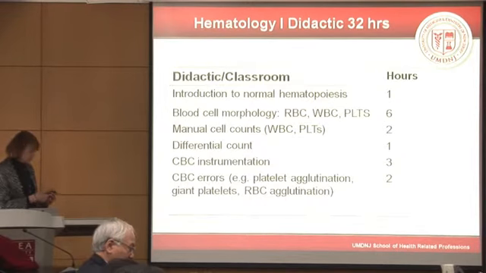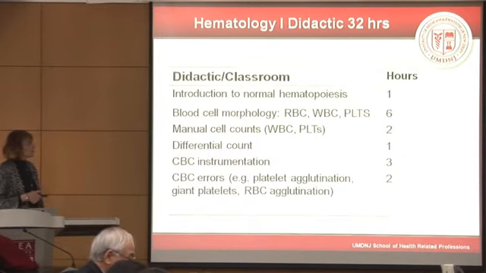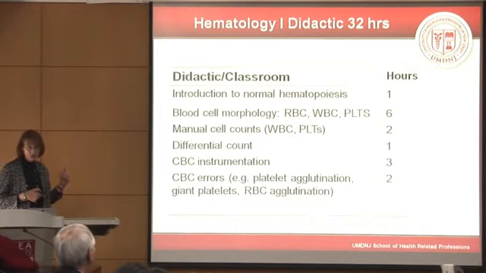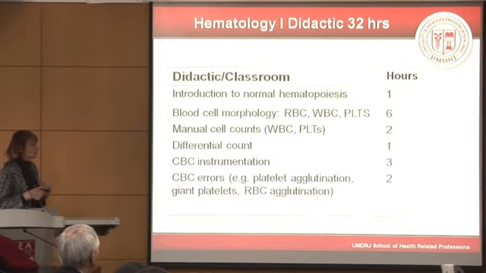In Hematology 1, this is the amount of time we spend on each subject. In the first course, very minimal introduction to normal hematopoiesis, but we do go into each lineage, the stages of each of the cells, and how to identify them. Blood cell morphology in the lecture, about 6 hours.